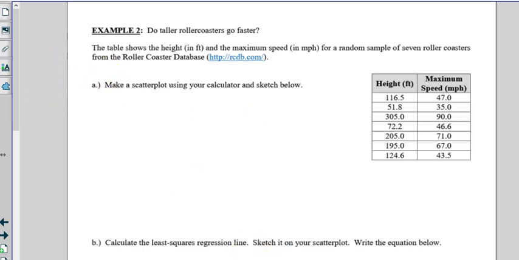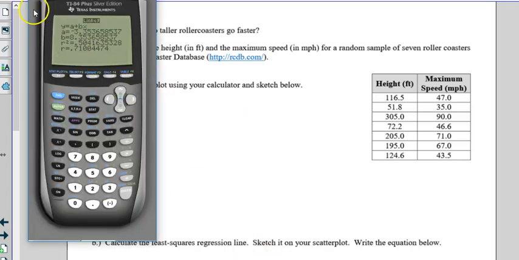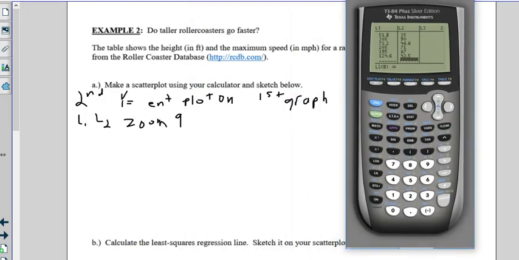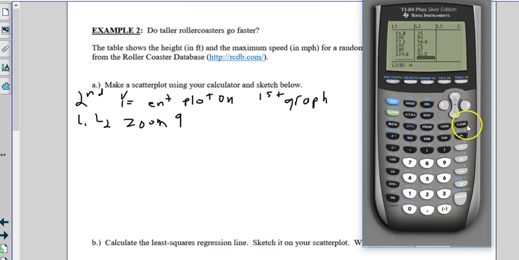Okay, next one. You got your calculator? Go back into Stat, Edit, clear out both lists, L1, L2. And then enter this data into your calculator. I'll hit pause. Write these steps down and follow along on your calculator. You're going to hit second, y equals. It's going to look like this. You're going to hit enter.